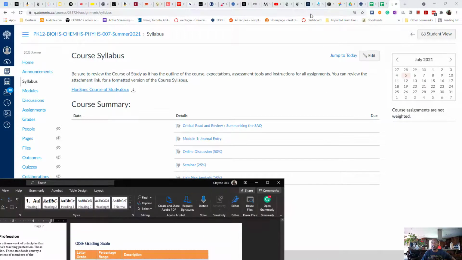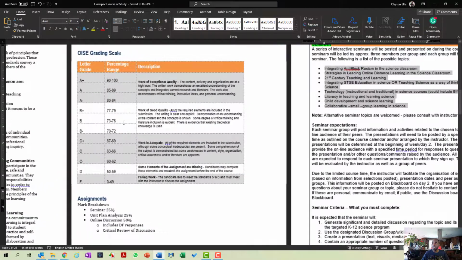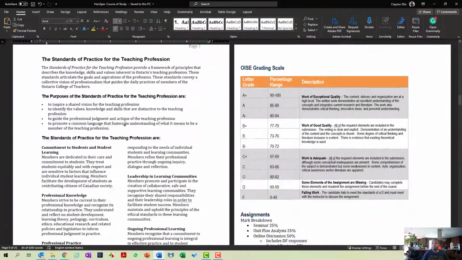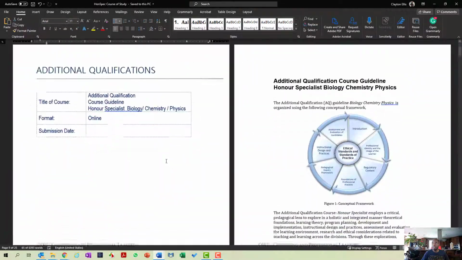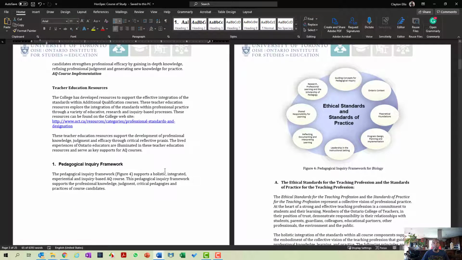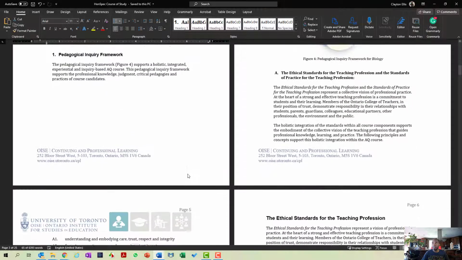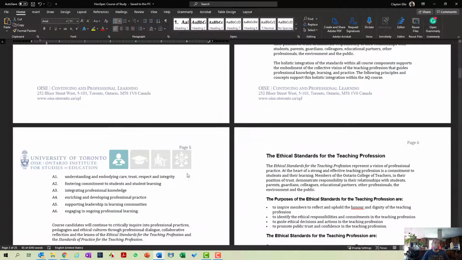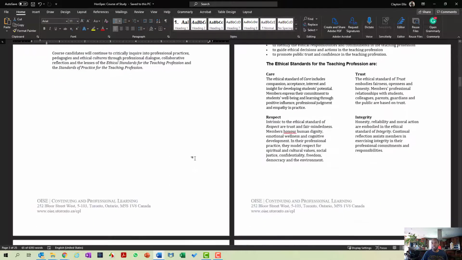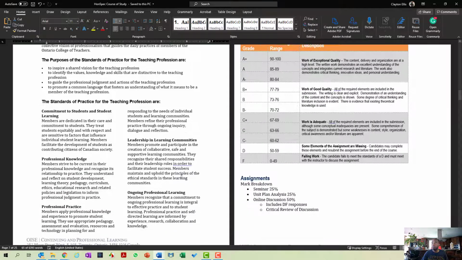This course syllabus gives you an overview of the entire course. So it starts off with our standards of practice. It tells you what the ministry expects you to have by the end of this course. So all the various schools that offer this course have the same kind of rhetoric at the beginning. And as you go further down this document, you'll see the grading scheme.